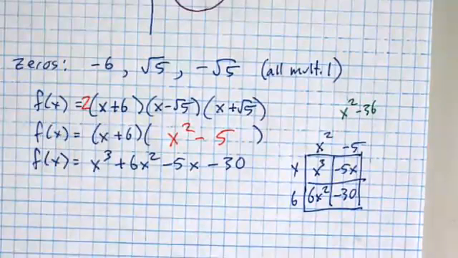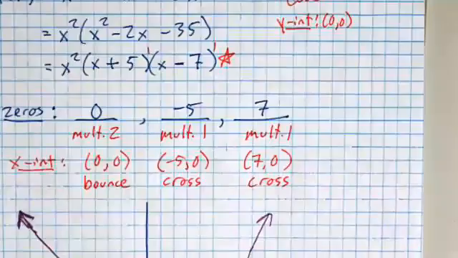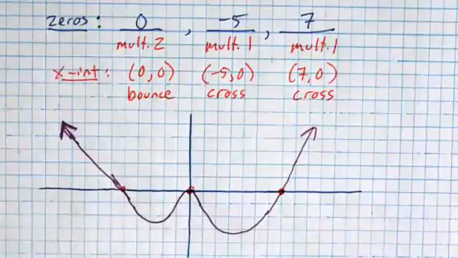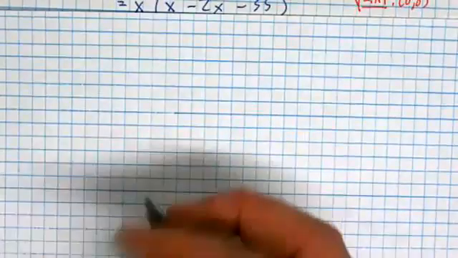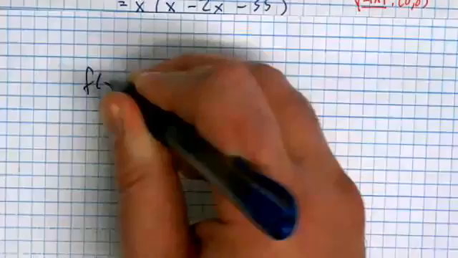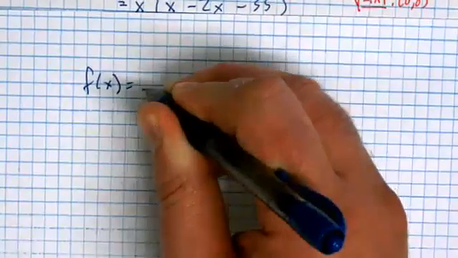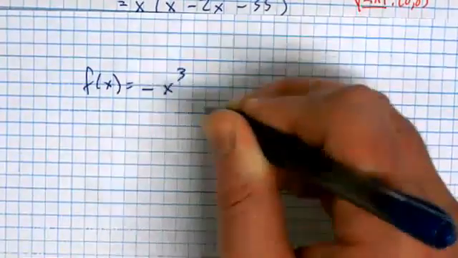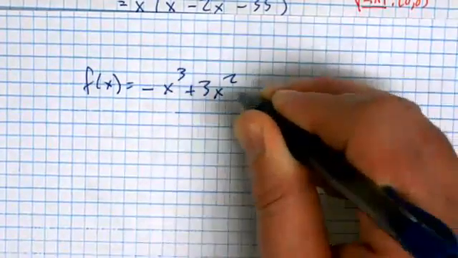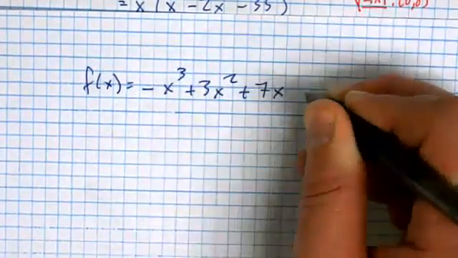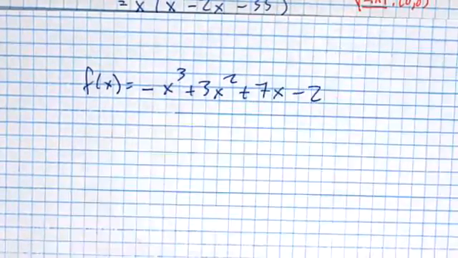One last example for today, and this is all calculator. So we did one example where we did it kind of all on our own without the calculator. Let's do one with the calculator, where we've got to use some new functions. So for this one, we got f of x equals the opposite of x cubed plus 3x squared plus 7x minus 2.